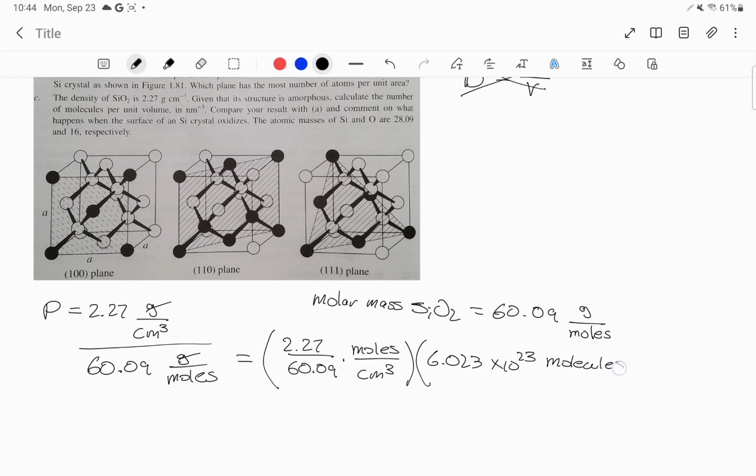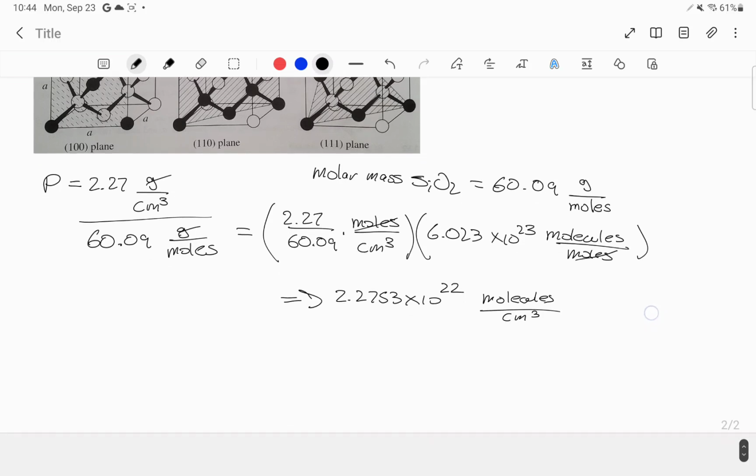So molecules per mole, so my moles cancel out. And after you put this into your calculator, we should get 2.2753 times 10 to the 22 molecules per cubic centimeter.